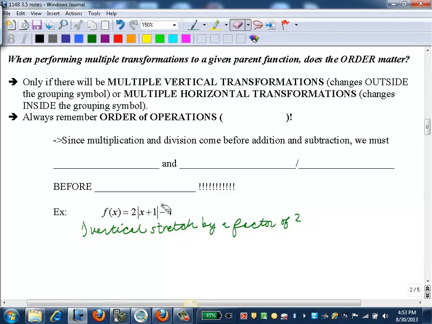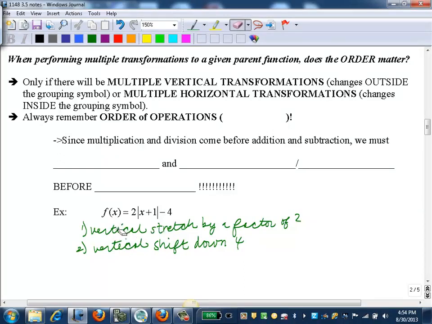Then we look also outside the grouping symbol. I like to do the vertical stuff together, and the horizontal stuff together. We're subtracting 4, so we have a vertical shift down 4. So those are our vertical changes.